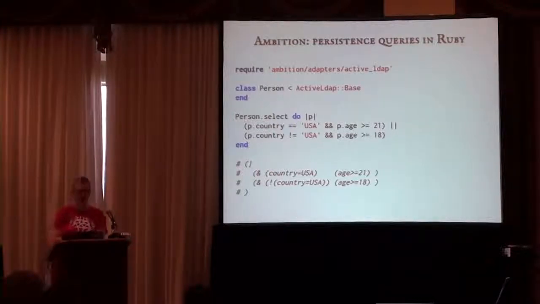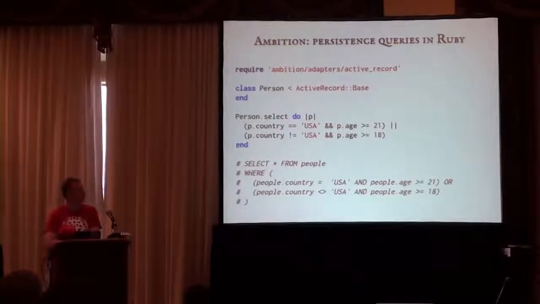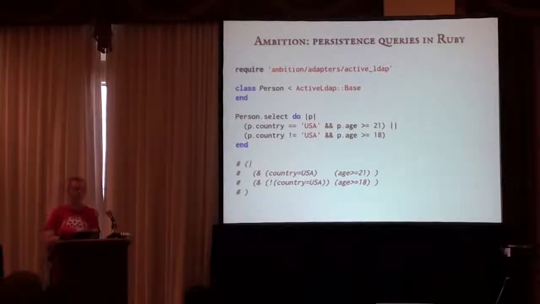This is how you query LDAP systems to get the same thing, which means objects that are valid to have fun with in the after parties, probably. So Ambition, again, hopefully it will be revived because it's very nifty.